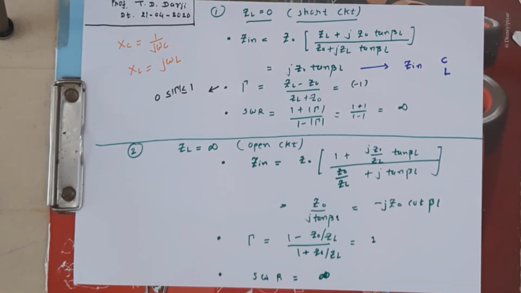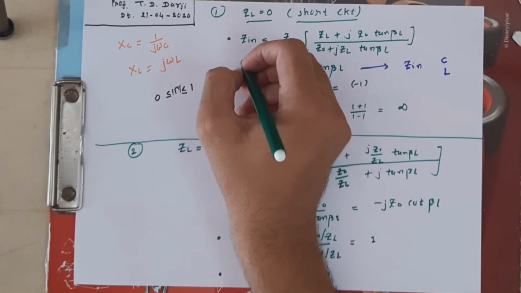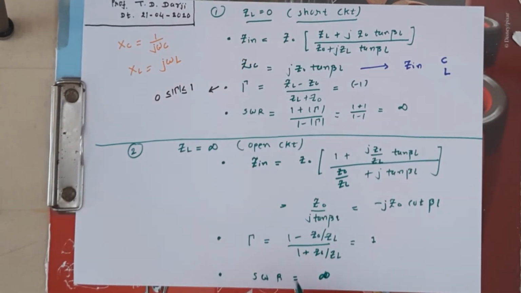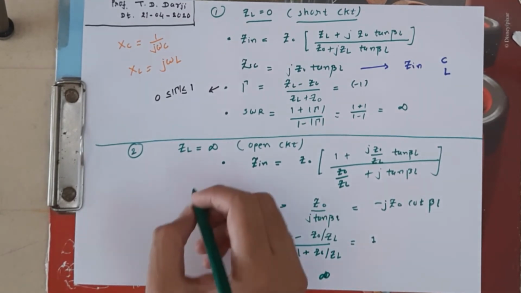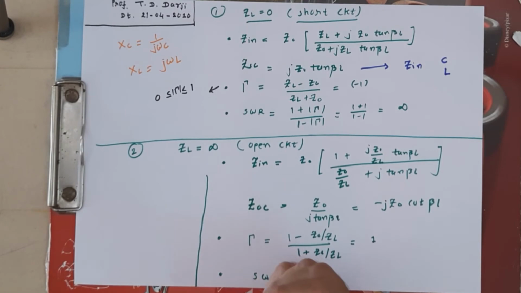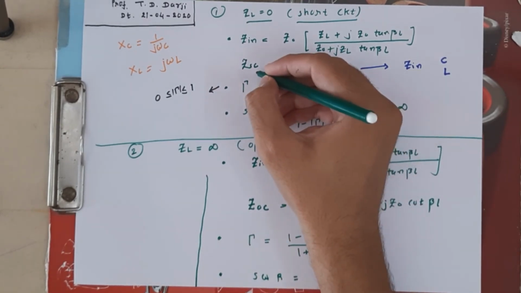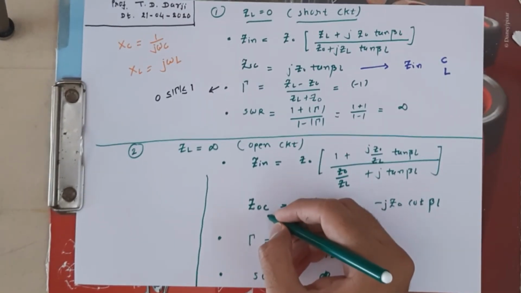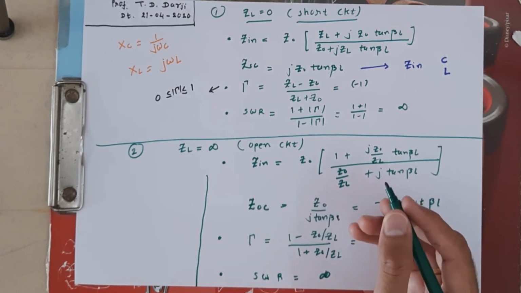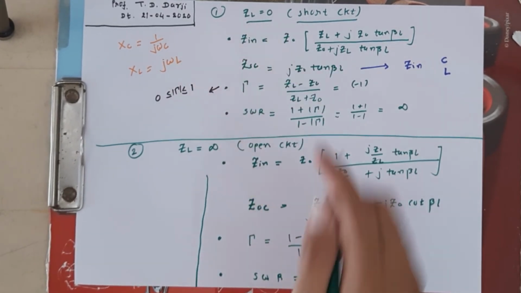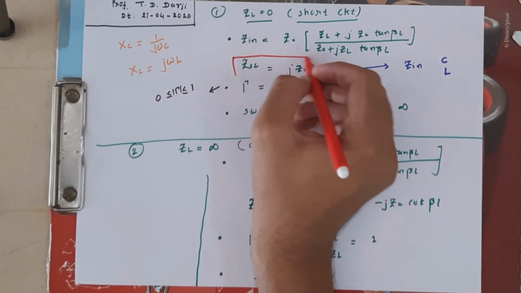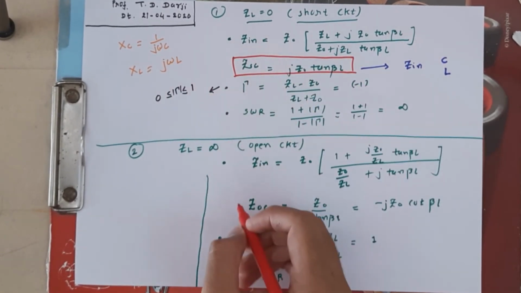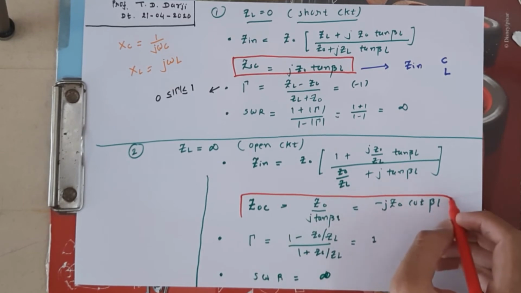This impedance is known as the short circuit impedance, ZSC, and this impedance is known as the open circuit impedance, ZOC. If in any short question the short circuit impedance and open circuit impedance are given, you can find the characteristic impedance. How? Just multiply these two equations. We have two equations in total: the first for short circuit impedance and the second for open circuit impedance.